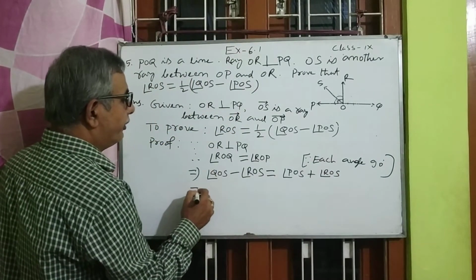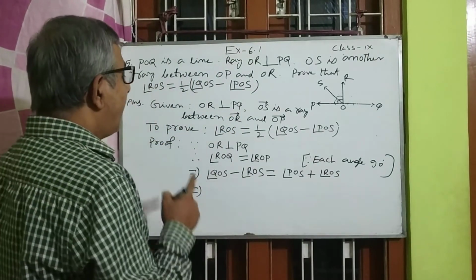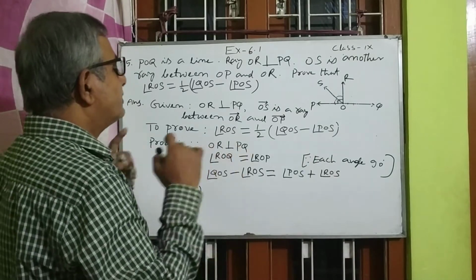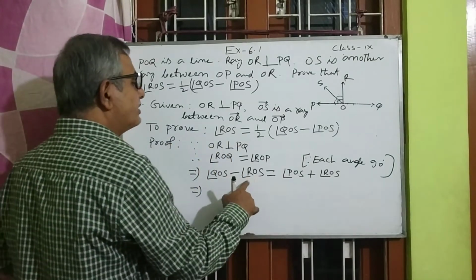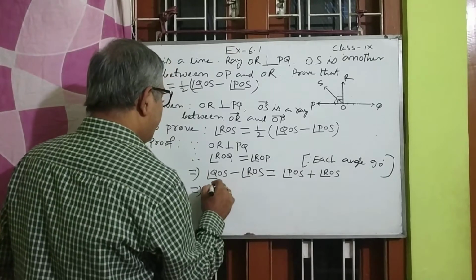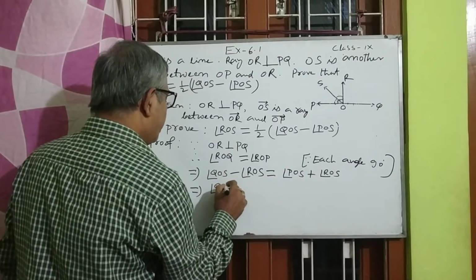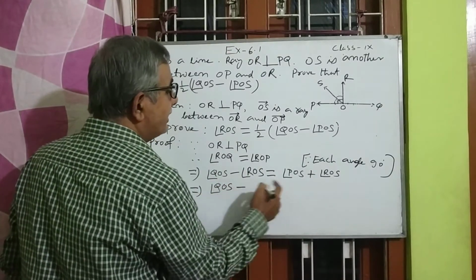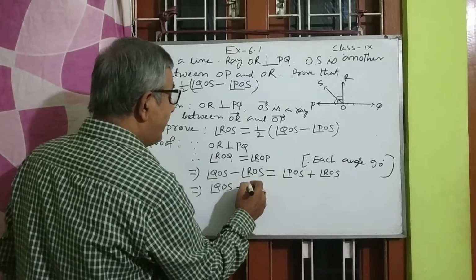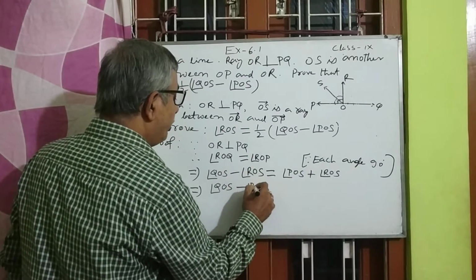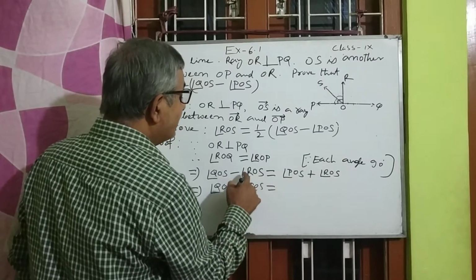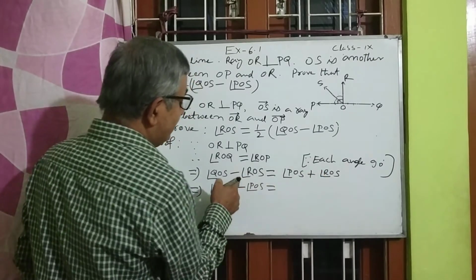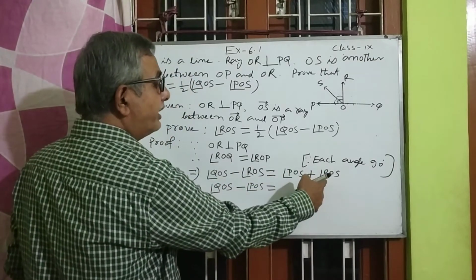Now you do one thing. ROS you keep on one side. Let this ROS go that side. QOS minus, let this POS come this side. So angle POS. And this ROS has gone that side. One ROS is already there.